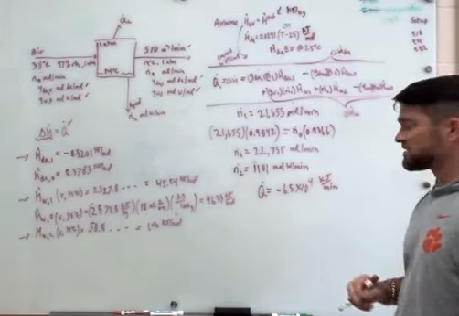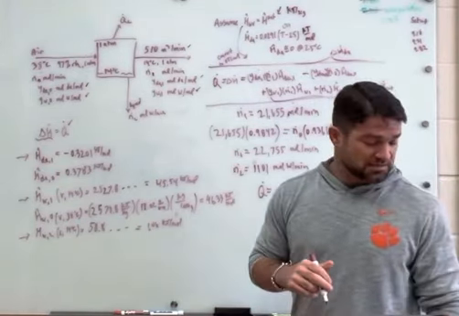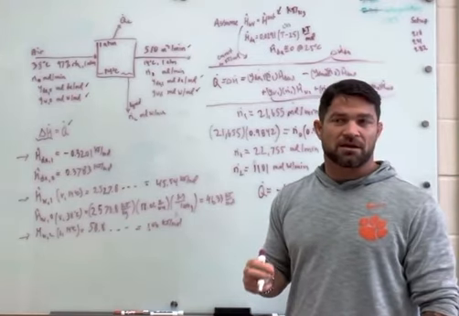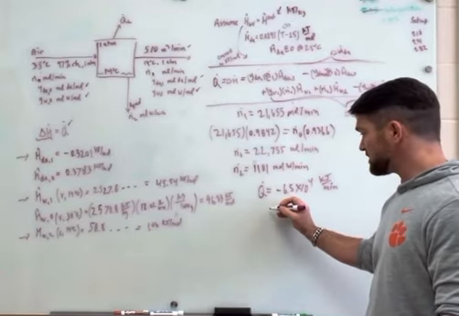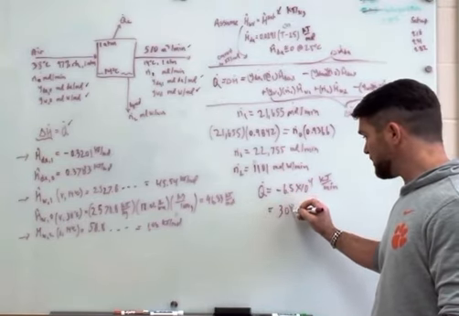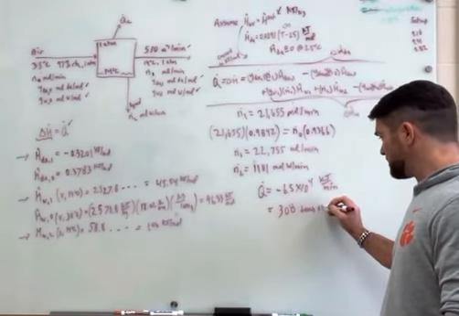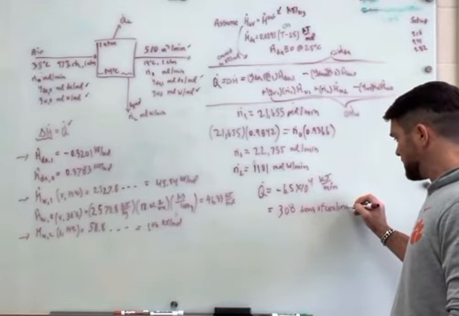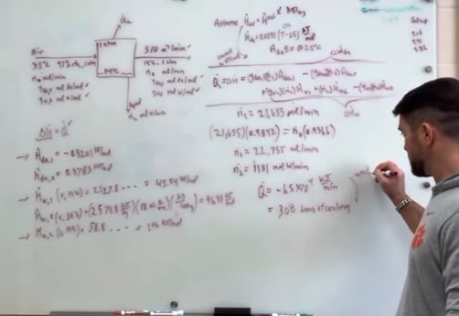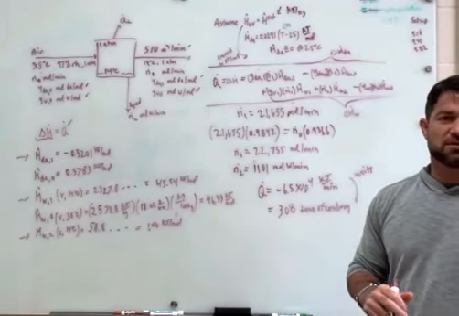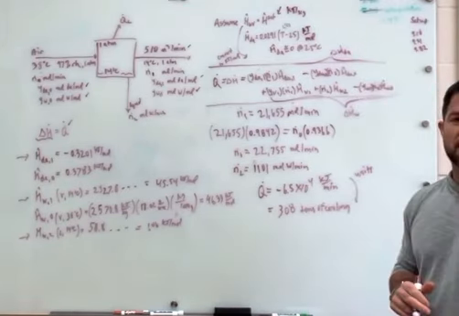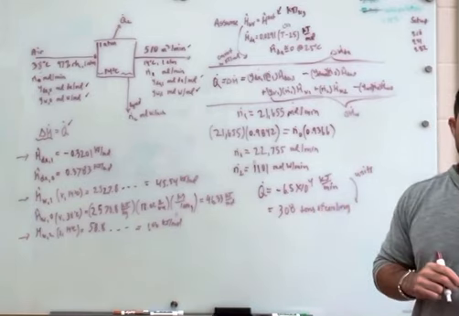But this book asks for tons of cooling, which says a ton of cooling is about 12,000 BTU. And if we do the unit conversions, we will get about 308 tons of cooling. This part right here is just units, so I'll let you work through that, but I wanted to at least give you numbers that you could work with and check to make sure that you got your things entered in correctly.